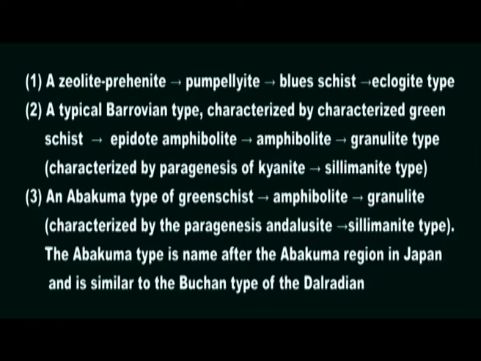Number 2, a typical Barrovian type characterized by greenschist, epidote amphibolite, granulite type characterized by paragenesis of kyanite, sillimanite type. And number 3, an Abukuma type of greenschist, amphibolite, granulite characterized by paragenesis of andalusite, sillimanite type.